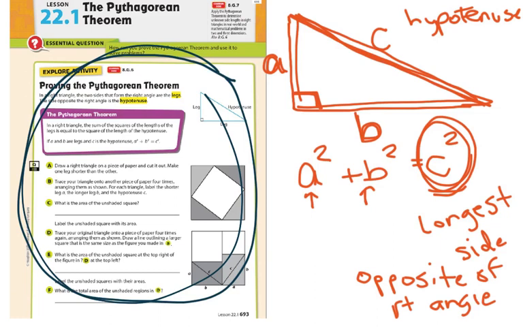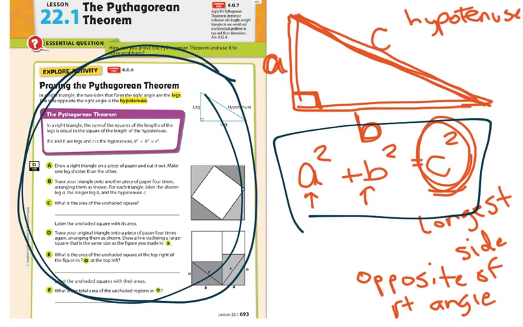It's just a visual for you so that you can understand why the Pythagorean theorem works. But don't let it confuse you. Don't get overwhelmed by it. Just be like, wow, that's really cool. And understand the math part of the Pythagorean theorem. You don't have to understand why it works. It was just there to kind of explain things a little bit and say, hey, they're not lying about this. It really does work every time.